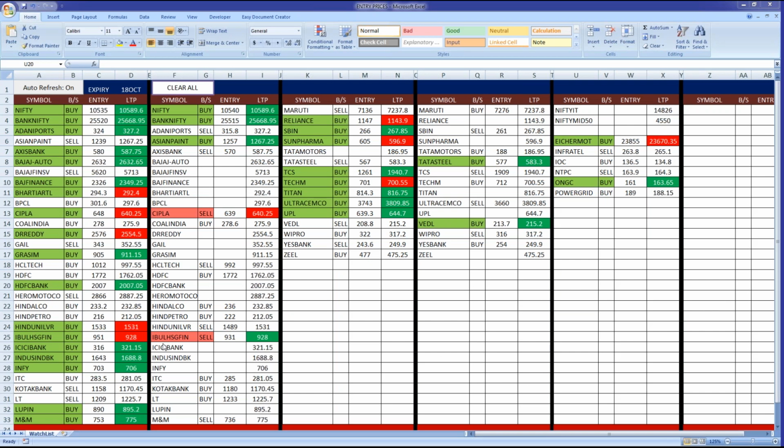So that is roughly around 15,000 rupees profit on Adani Ports. And the margin requirement for Adani Ports is around 7,500 rupees. So your profit is 15,000 rupees and your investment is 7,500 rupees. That means you have doubled your investment.